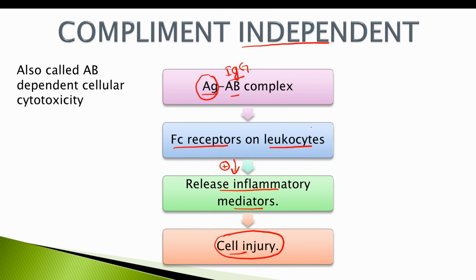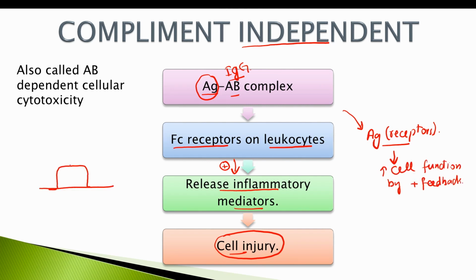In certain cases, the attachment of the antibodies is to the antigens, which are the cell receptors. In this case, the antibodies occupy the receptors and increase the cell function by positive feedback. So in Graves' disease, let's say this is a cuboidal epithelium of thyroid and this is TSH receptor. So IgG antibodies identify this TSH receptor as an antigen and get attached to these receptors mimicking TSH.